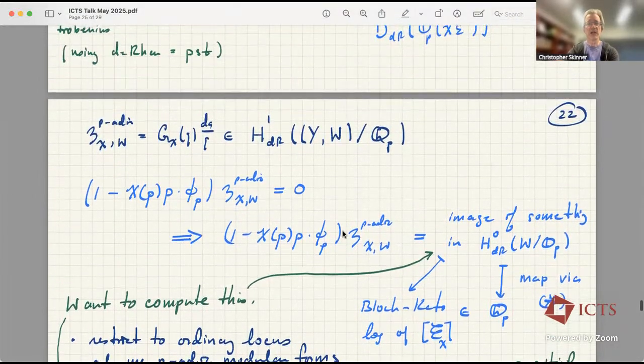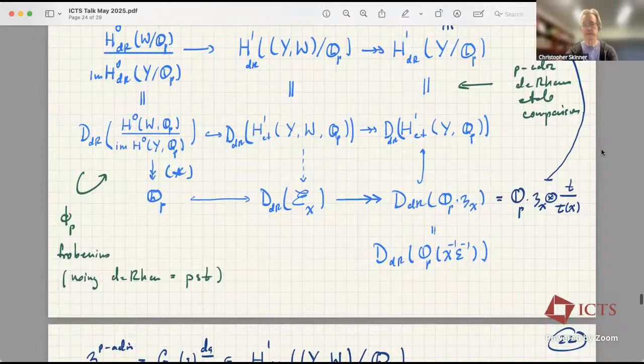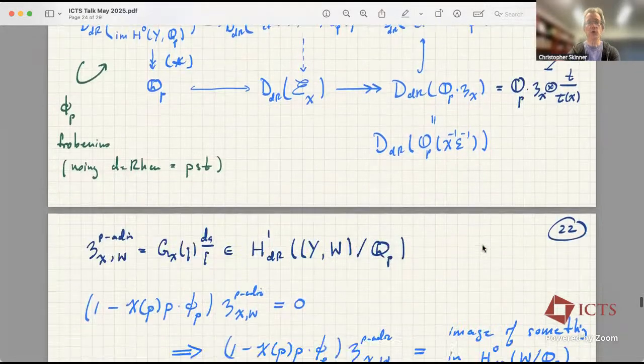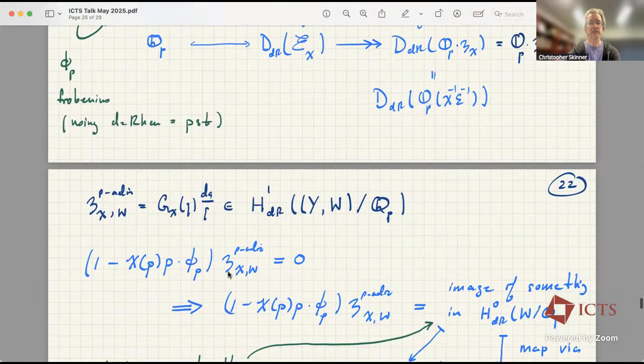So this first part of the slide is just saying exactly what I said in words before. There's some polynomial in the p-adic Frobenius that annihilates our one-dimensional quotient, and so we apply it to our lift.